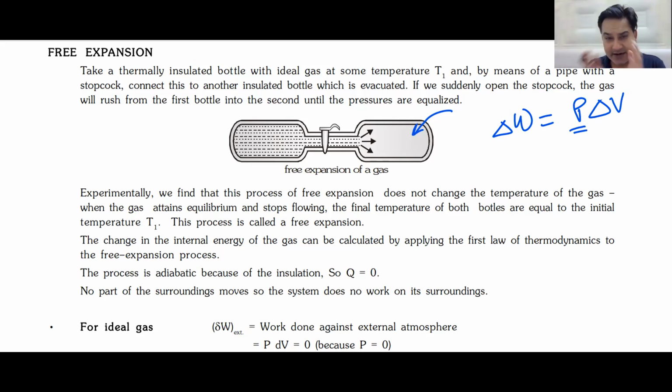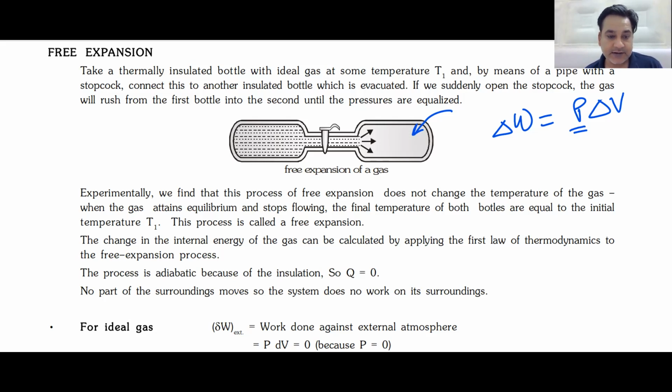And we assume that the gas is in equilibrium at all points. So external pressure must be equal to the inside pressure. Here, the external pressure is 0, and therefore the work done in free expansion would always be 0. Do we understand this?